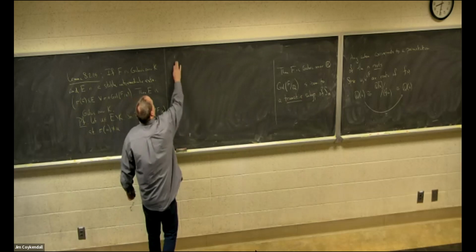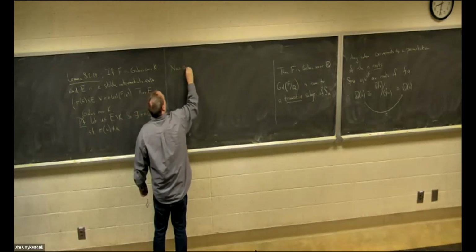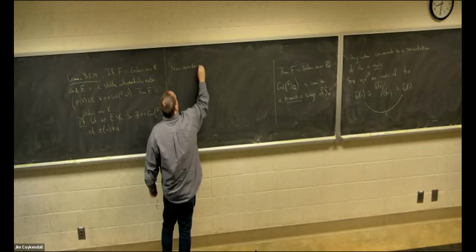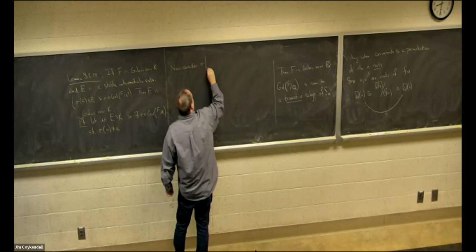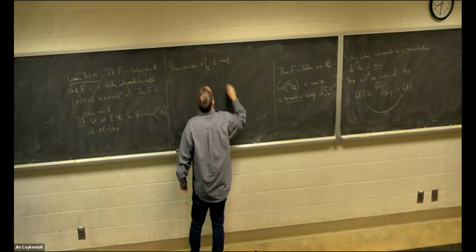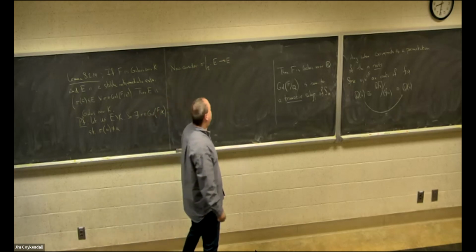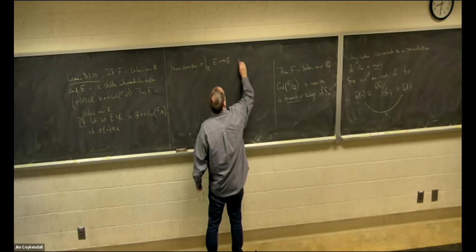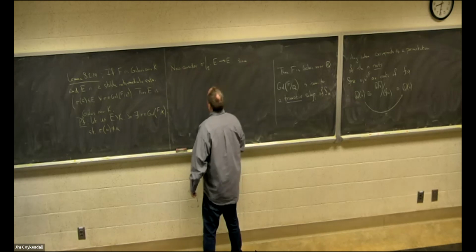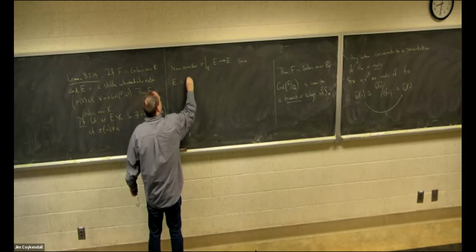Okay, so now consider sigma restricted to E. Sigma restricted to E goes from E to E, since E is stable.